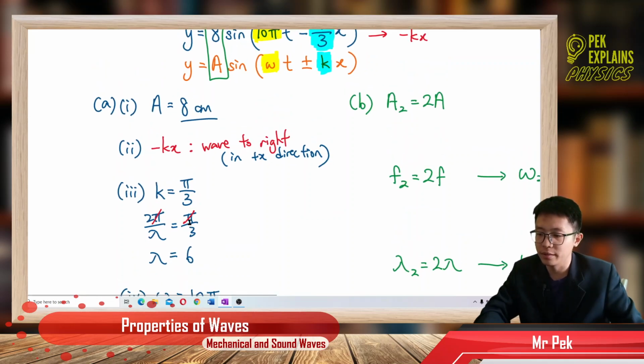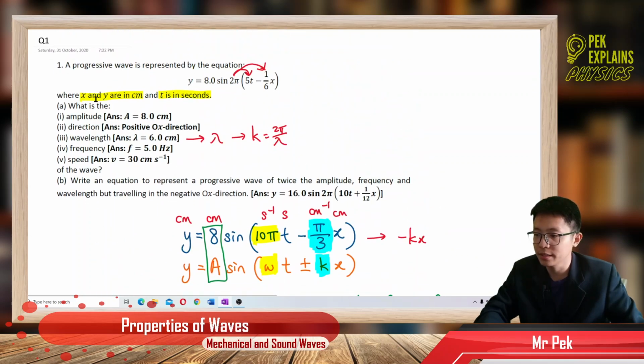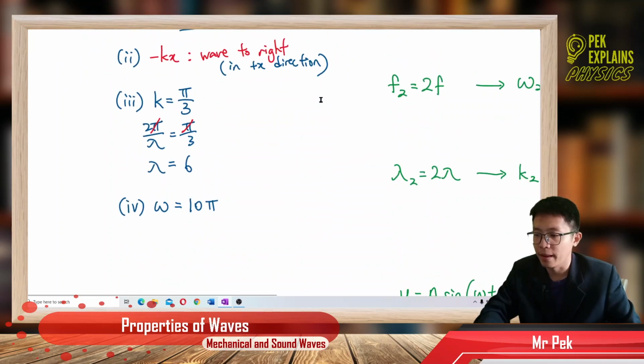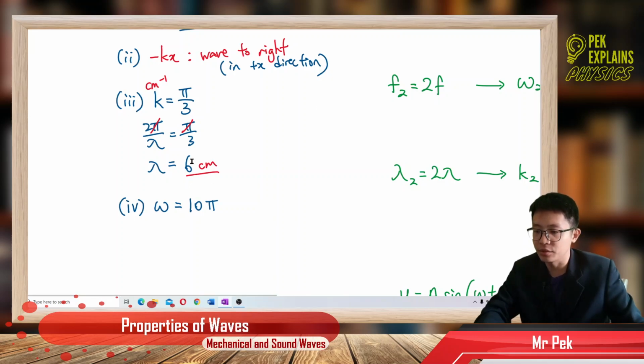Because x is in cm, the wave number is per cm, so the wavelength is in cm. You see, the unit is so important. If you put meter, it's wrong.